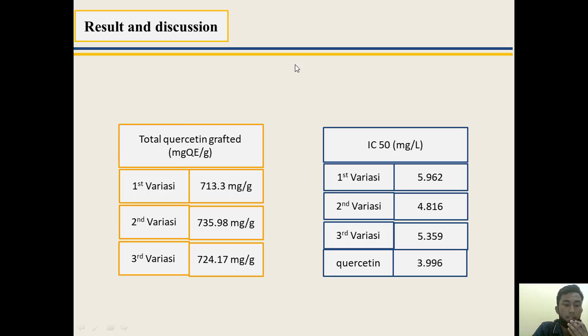For antioxidant activity expressed as IC50, we can see in the slide the IC50 of quercetin grafted inulin for the first, second, and third variations, respectively, was 3.996 milligram per liter, 5.692 milligram per liter, 4.816 milligram per liter, and 5.359 milligram per liter.